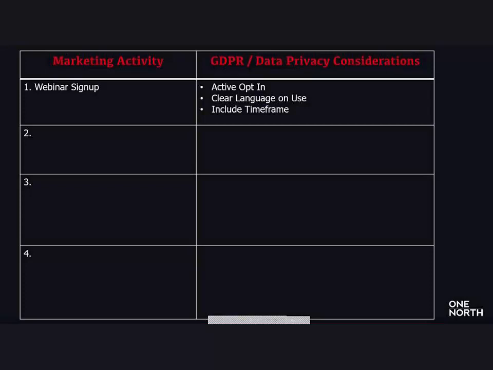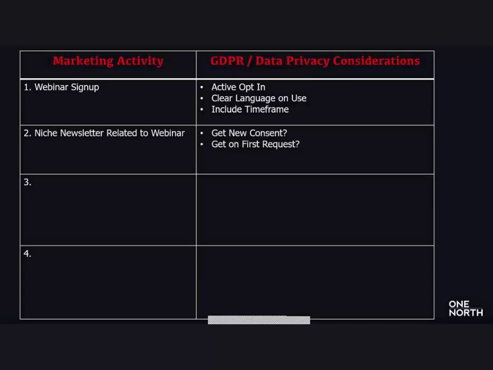So we need to have an active opt-in, a checkbox, or some action that a user takes to say, yes, I am okay that you communicate and store information about me for a specific purpose. And that purpose would be the ability to communicate about an event, such as a webinar, on a given date. But it does have this time frame to it. So if we're taking it to the letter of the regulation, we wouldn't need the information after that date.